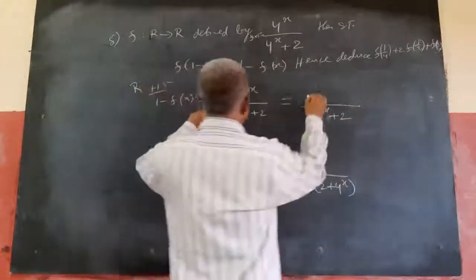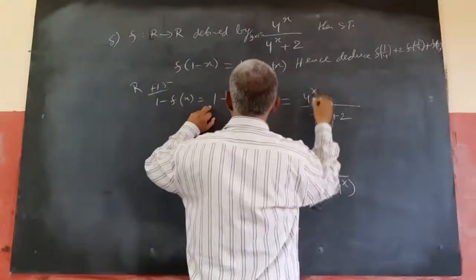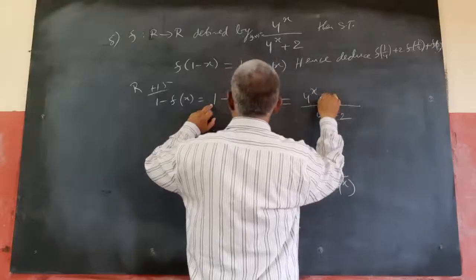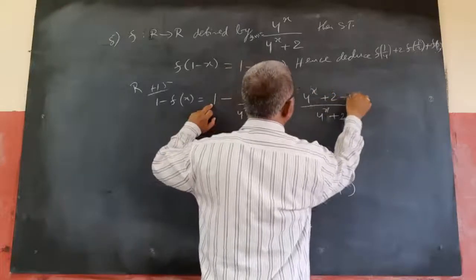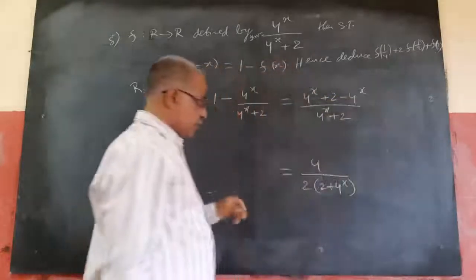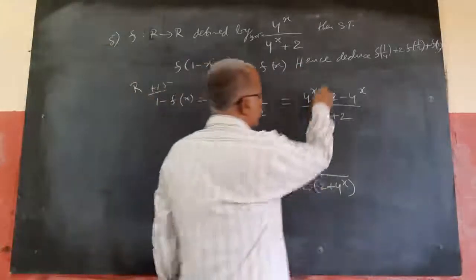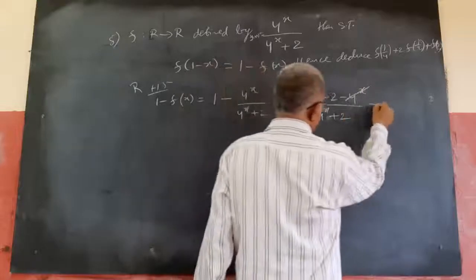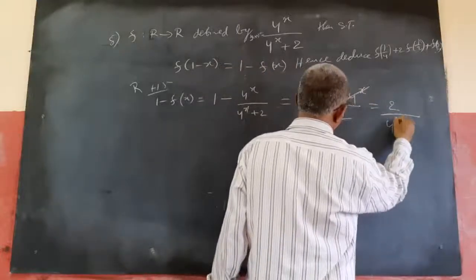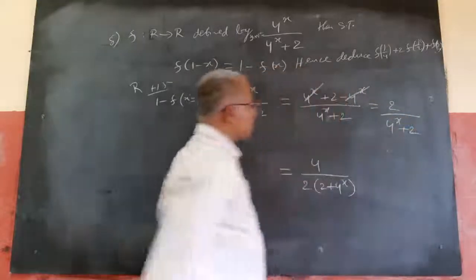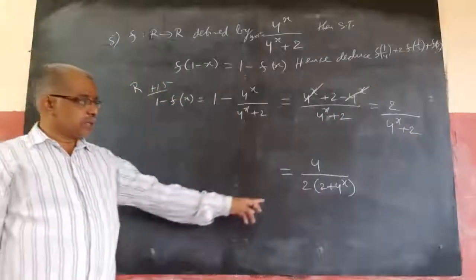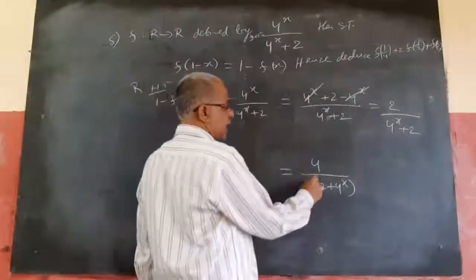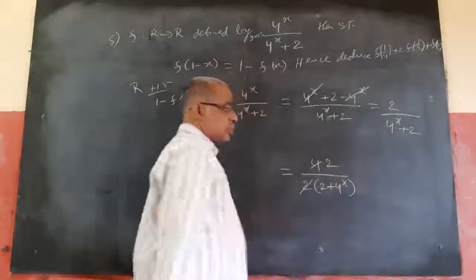So here I will get (4^x + 2 - 4^x) / (4^x + 2). The 4^x cancels, so what is left is 2 / (4^x + 2).